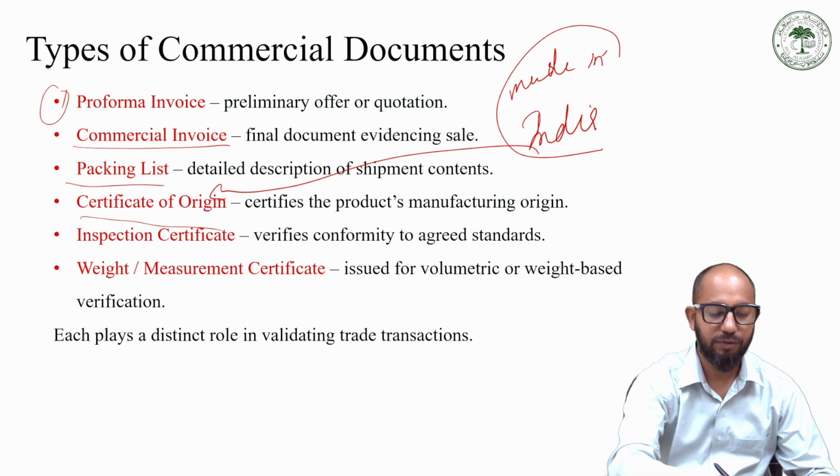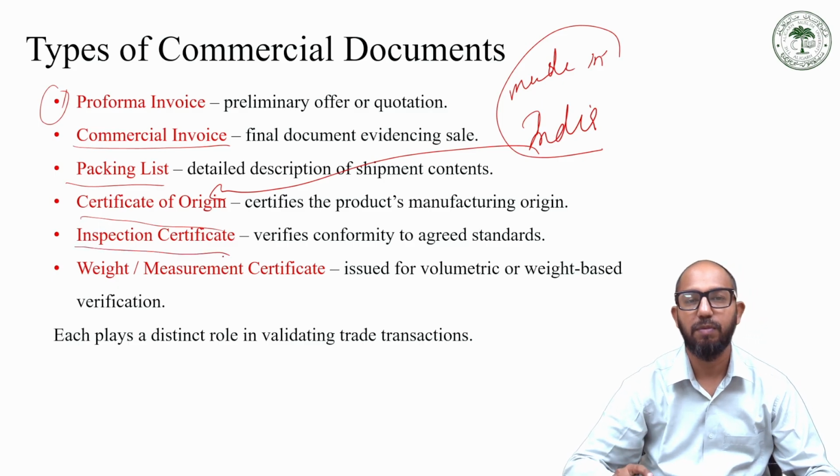The next type of commercial document is the inspection certificate. An inspection certificate is made to do inspection, that is physical inspection of goods, so as to confirm that it is following all the international specifications. Or it may also mean confirming that the seller is selling the specification which was mentioned in the export contract.